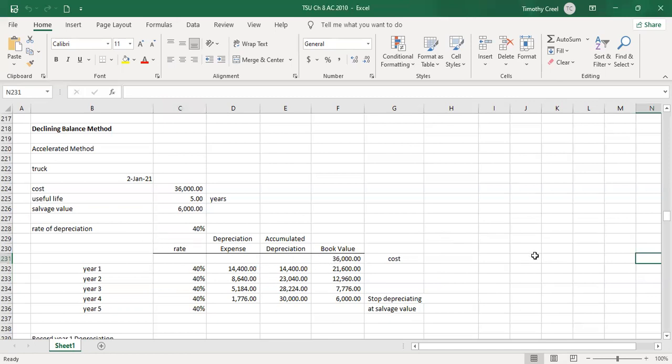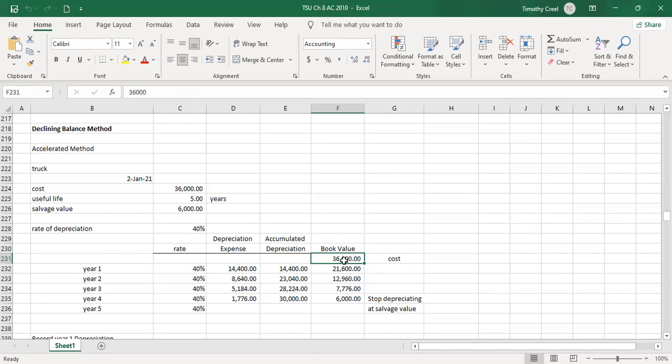so another kind of thing that's going to be different with declining balance is it's the only one that starts with cost. So we're going to start depreciating from cost. If you noticed, units of production, straight line, they started depreciating at cost minus the salvage value. That's where they did.